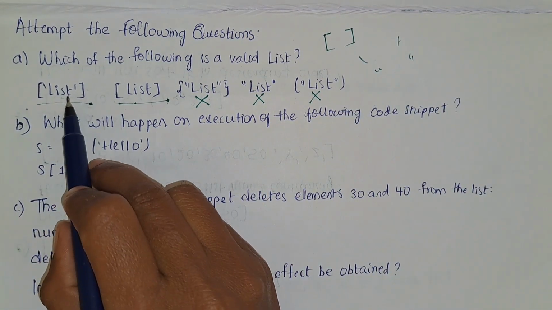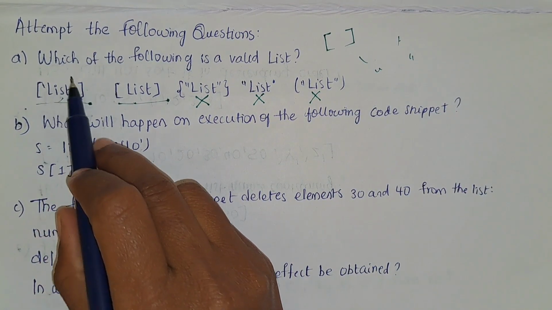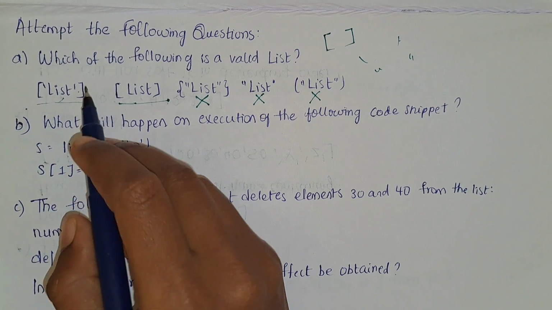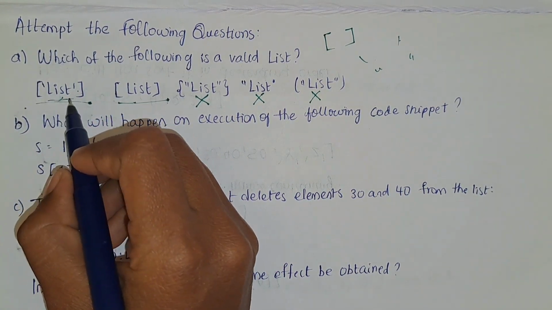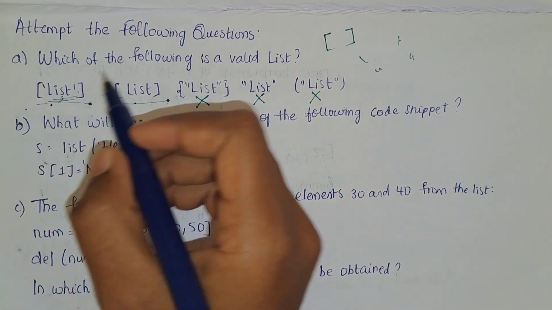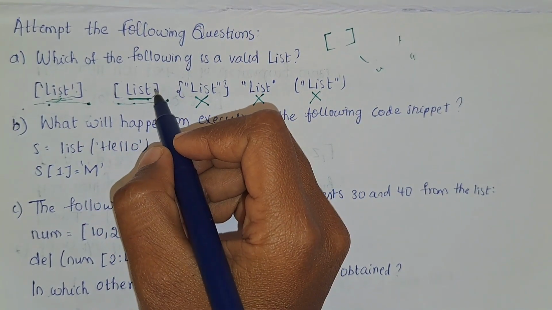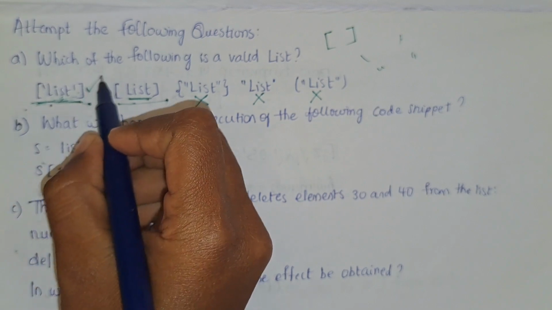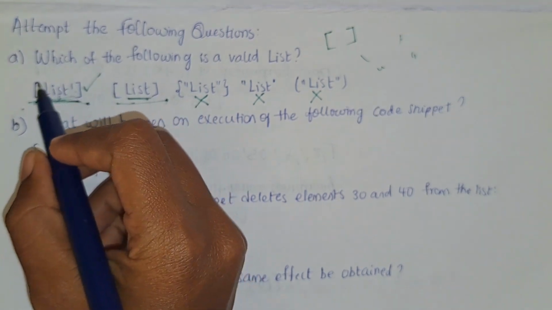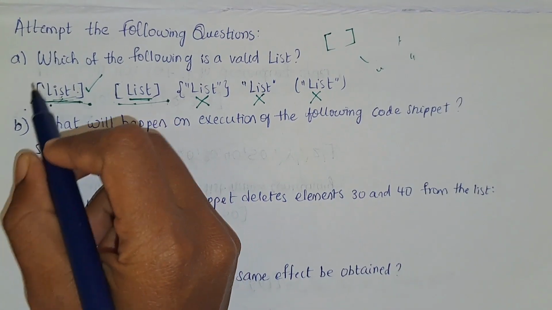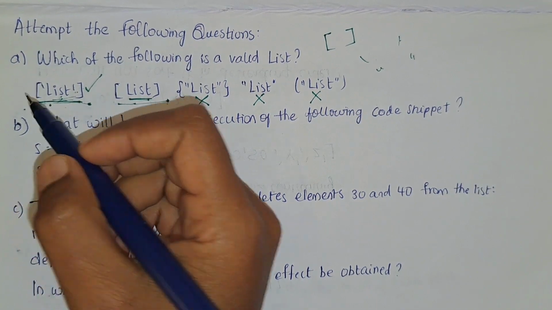Here the list contains a string with single quotes, so this is the way of storing a string item in a list. But here the string is given directly without single or double quotes. So this is the right answer, because we are storing a string with single quotes as an item in the list.